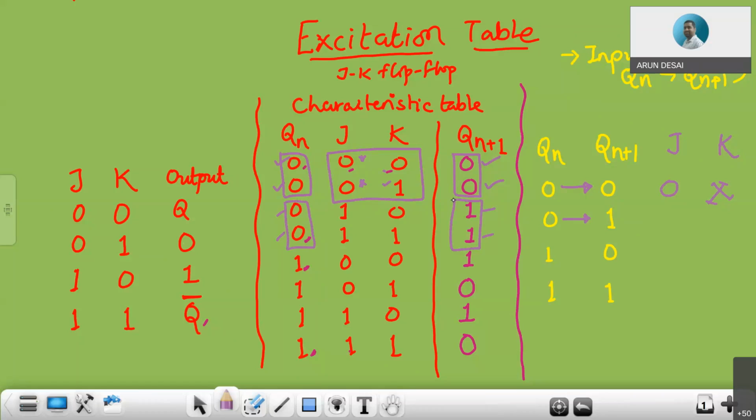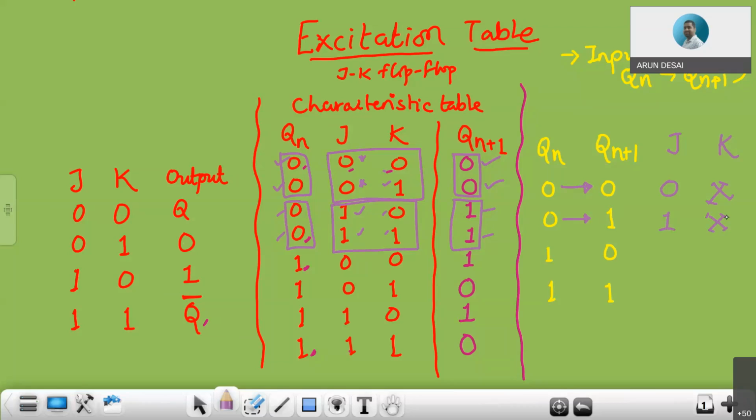So we need to check the input condition, right? In this case, J is always 1 and K could be either 1 or 0, right? That means if J is 1, then it sets the flip flop. We don't care about the K input, right?